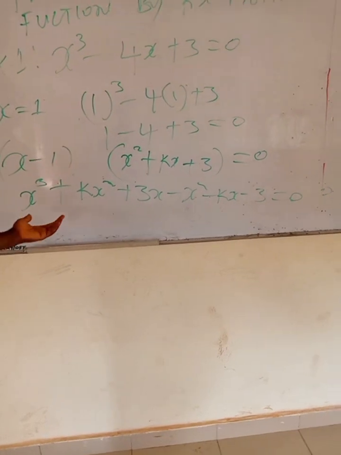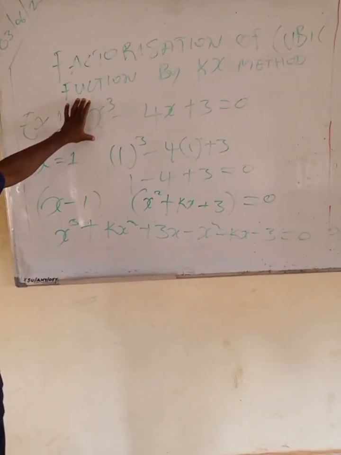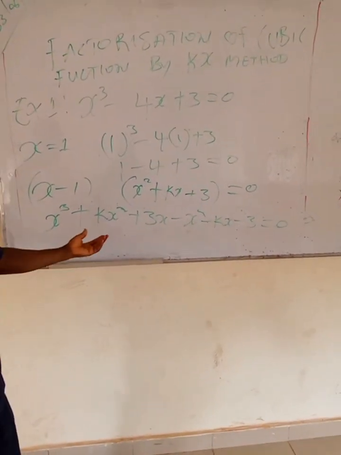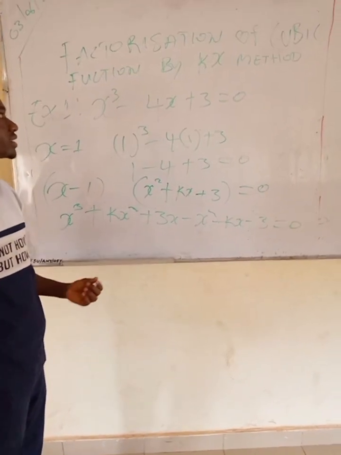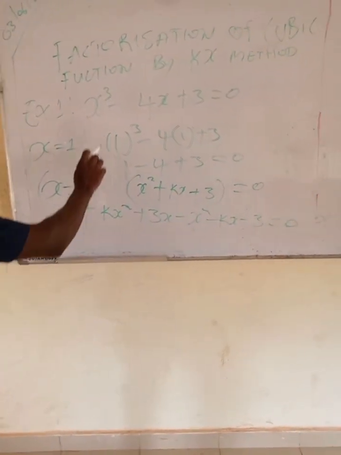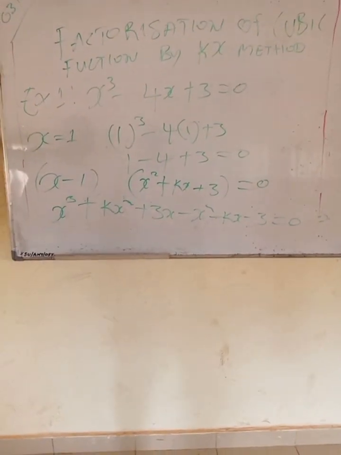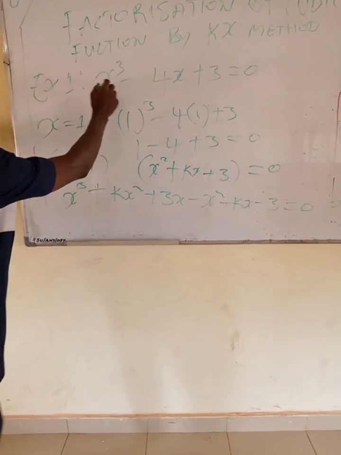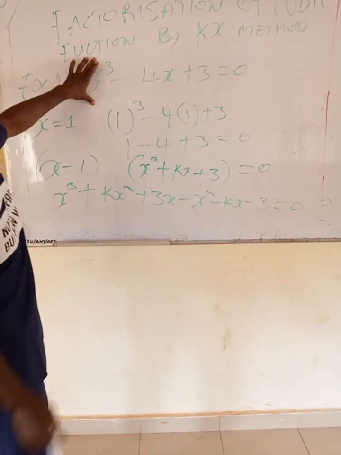By comparing this function with this function, the coefficient of s squared: in this function, there's no s squared here.